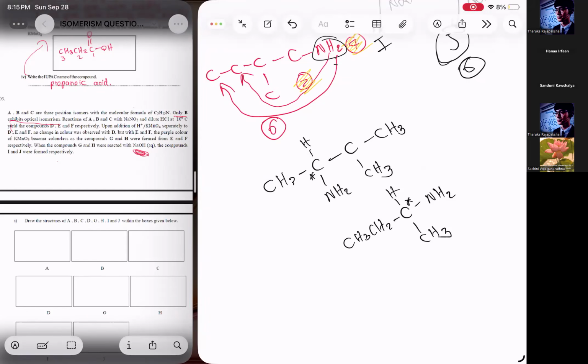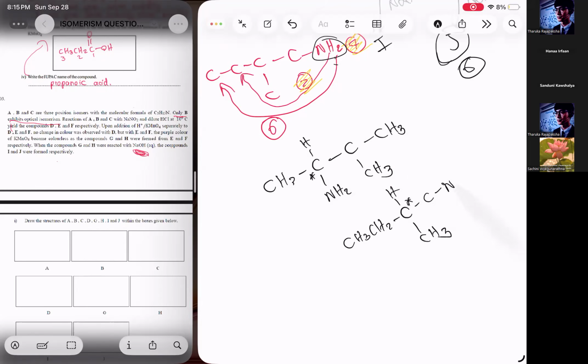The thing is, it will react with aqueous sodium hydroxide, and aldol or ketol condensation can carry out. There are 1, 2, 3. I missed the carbon here.